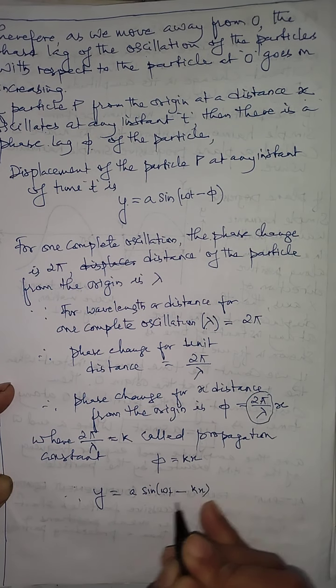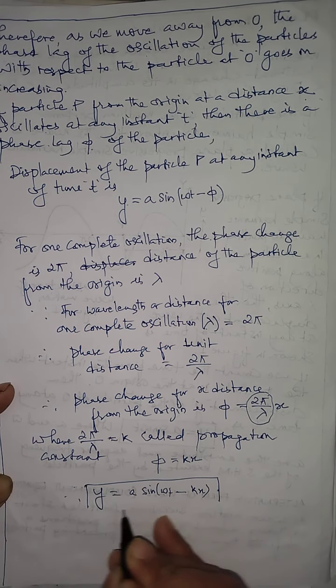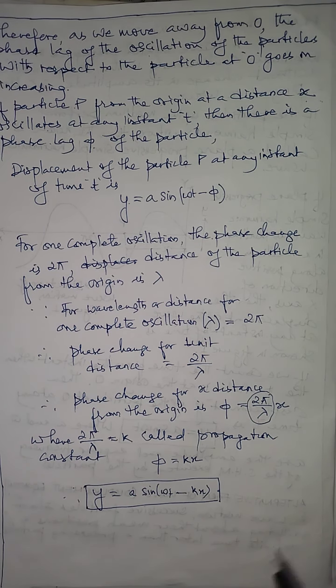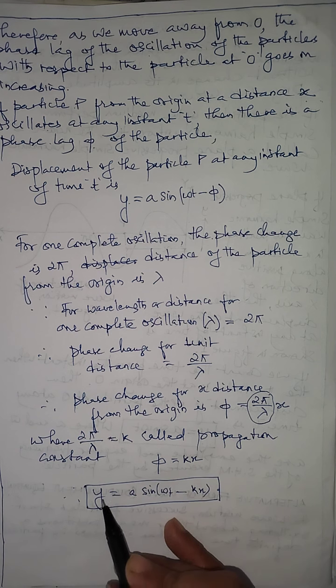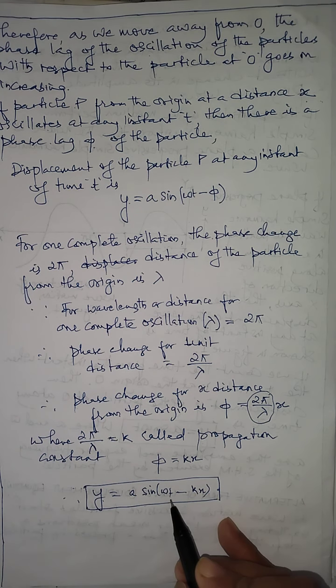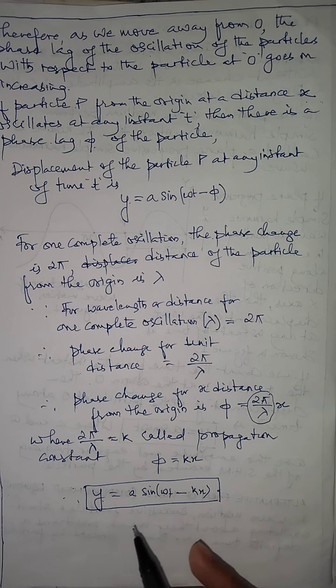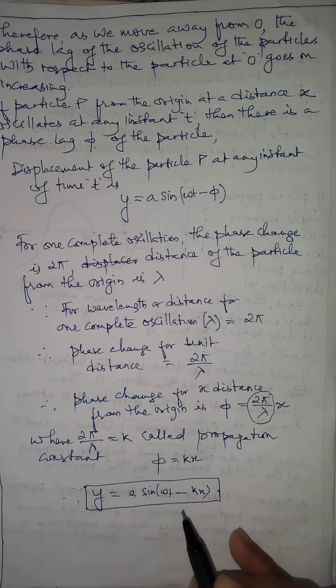Children, look at it: the displacement of the particle at a distance x on the positive x-axis from the origin can be written as y equals a sine (omega t minus kx), in terms of the propagation constant.